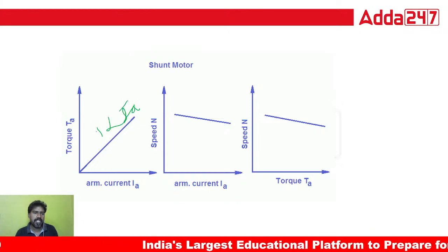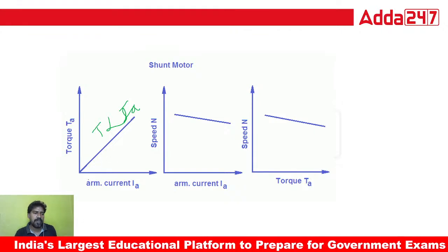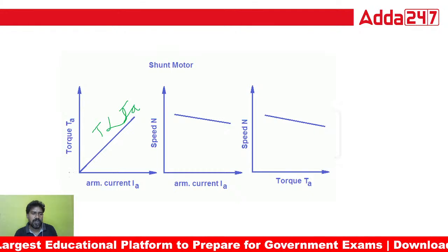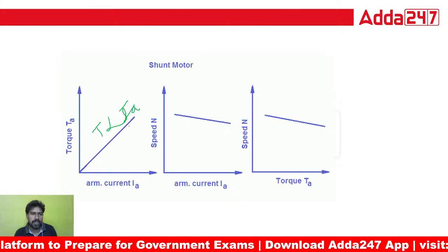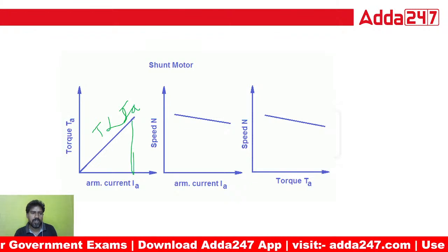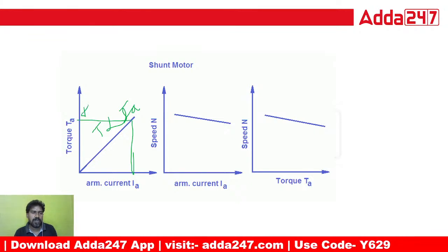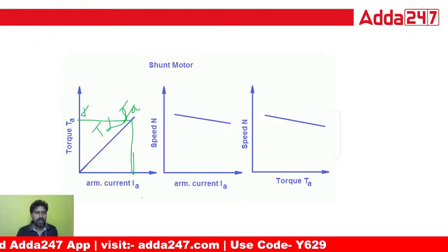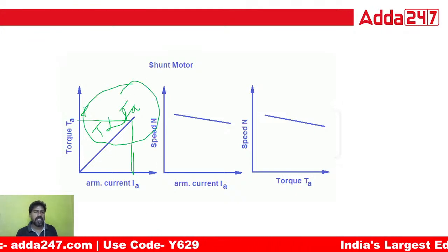When armature current is 0, torque is 0. When armature current is maximum, torque is maximum. So this is the relation between torque and armature current.